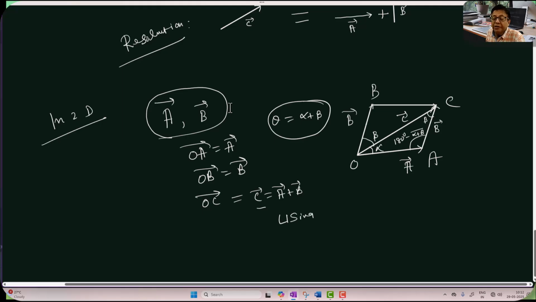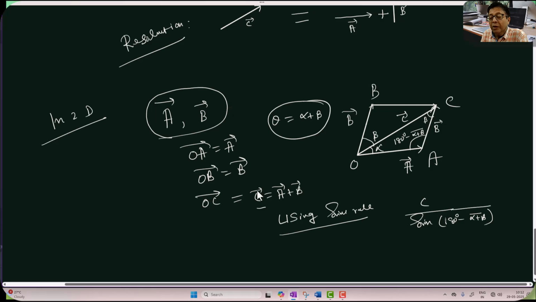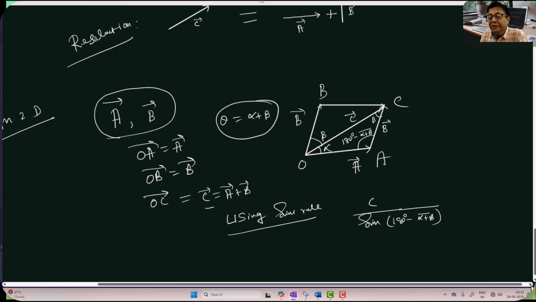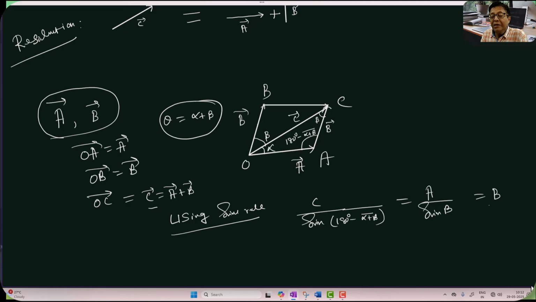You use the sine rule of triangles. What is that? Using sine rule, what do you have? This magnitude is C only, C by sine of 180 minus alpha plus beta, this is equal to A by sine beta, B by sine alpha.